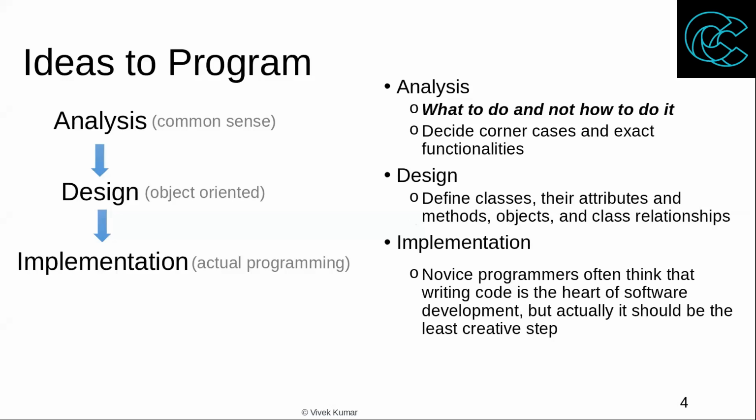So it is supposed to be one of the least creative steps here, because by the time you get to the implementation, you should already be clear on all the other things, like what are the classes and the properties, what are the inputs and outputs. So at this step it should only be converting these things, let's say in the form of diagrams, into the syntax. So you already know the syntax of any particular programming language.